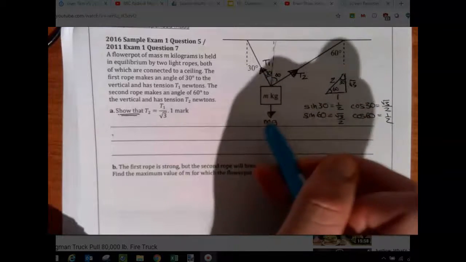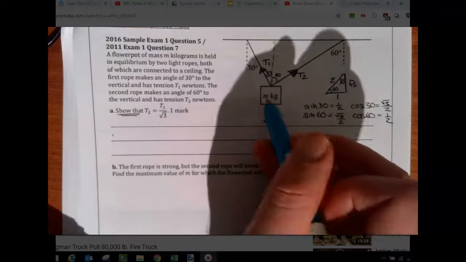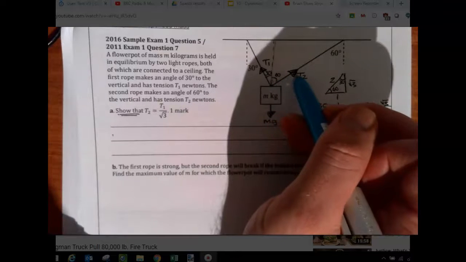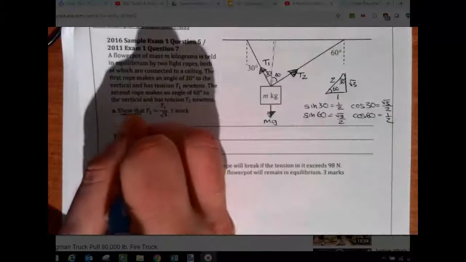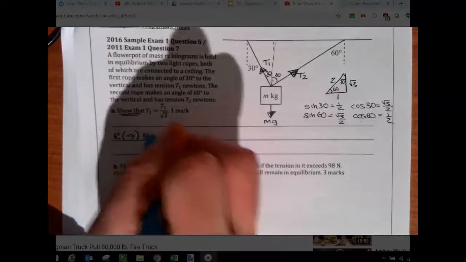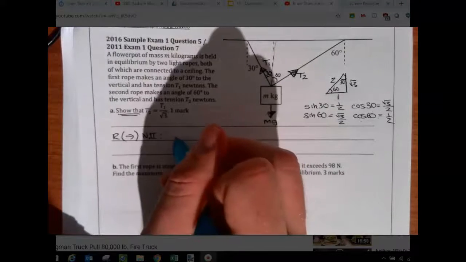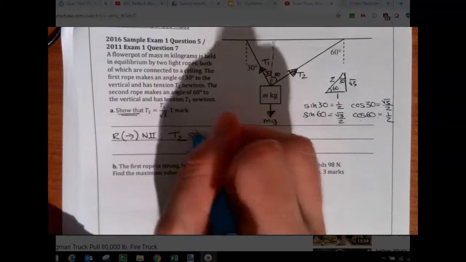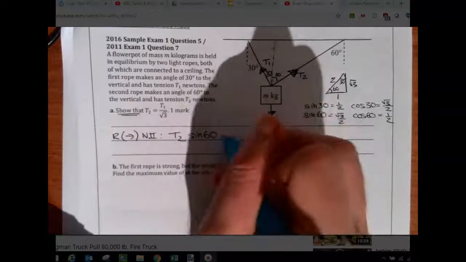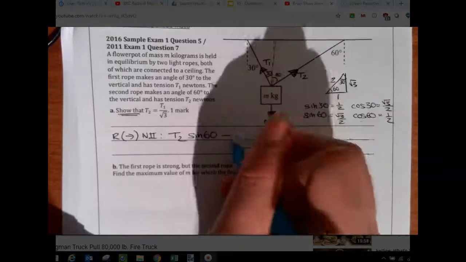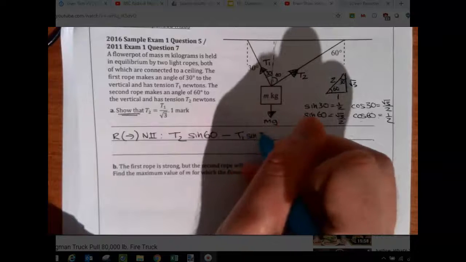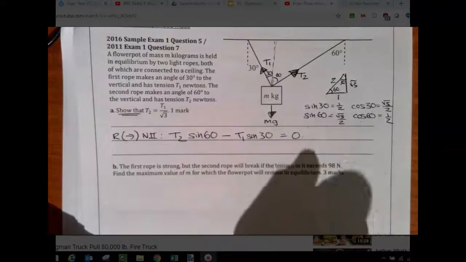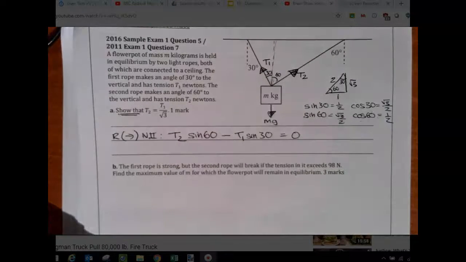Resolving horizontally, because I'm not interested in the m, that's an extra variable I don't know about. If this is in equilibrium, then the horizontal components must balance. So if I resolve horizontally with Newton's second law, I've got T2 sine 60 minus T1 sine 30 has to equal 0, because the acceleration is 0, it's in equilibrium.